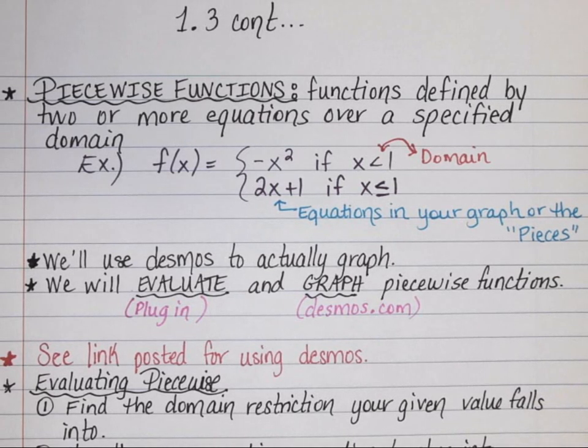Okay, piecewise functions, they are functions defined by two or more equations over a specified domain. If you have ever, well, you probably don't pay your own bills, or probably don't pay certain bills anyway at your house, but let's say that your telephone bill or cell phone bill. Some plans, of course, have data overages.